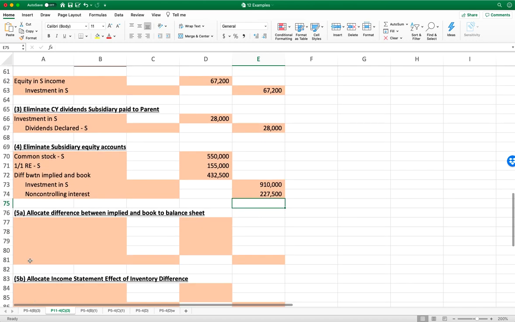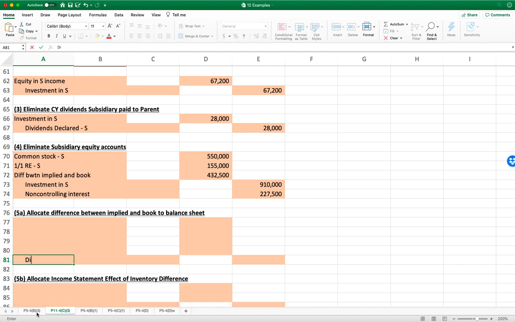Okay, so now we're going to allocate our difference between implied and book. And actually, this is going to be exactly the same as it was last year. So we're going to take our difference between implied and book, and we're going to allocate it to all the places that the computation and allocation of differences schedule says we should.